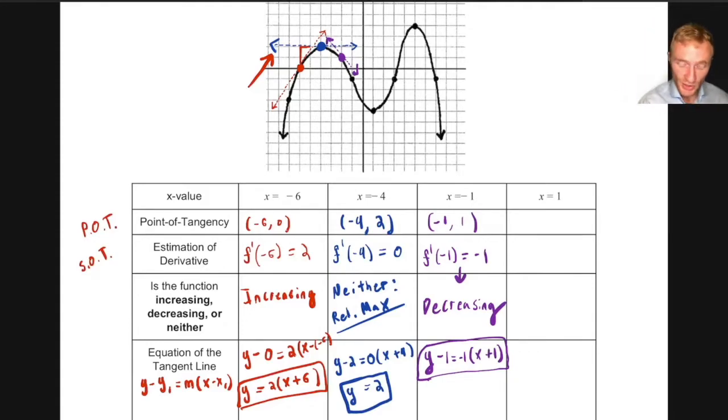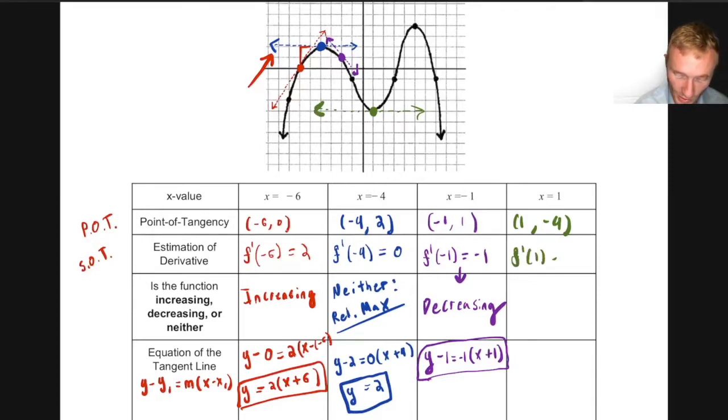The last one I want you to see here real quick is that we have another place where our derivative is 0. Well, there's actually 2 more, but the only one we're going to look at here is when x is 1. Our point of tangency looks like 1, -4. If I were to draw this tangent line once again, that tangent line is the horizontal line with a slope of 0.